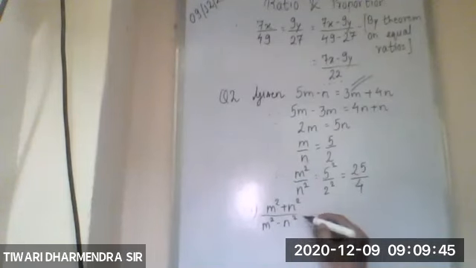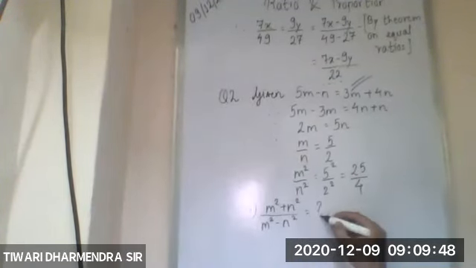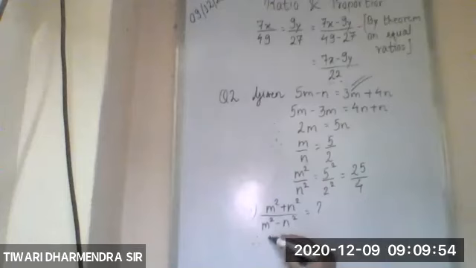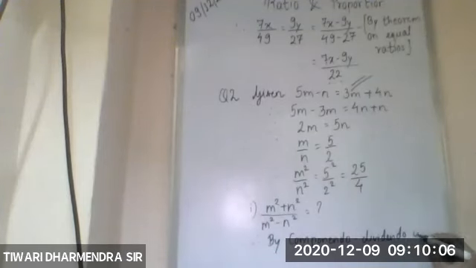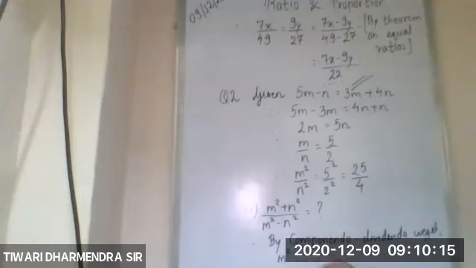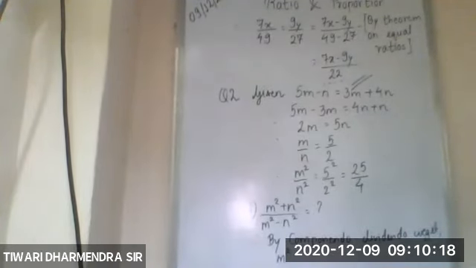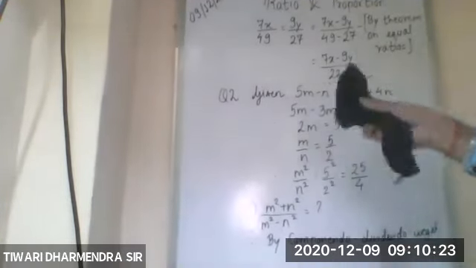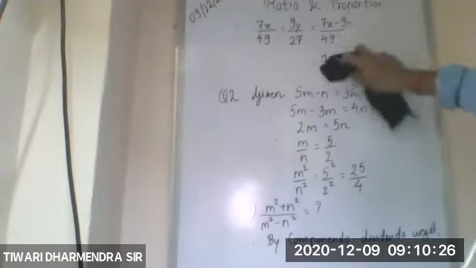So we can write here, therefore by componendo and dividendo, we get m square. Hope it is not visible. Let it be, I will be writing on the top. So by componendo and dividendo, we are applying this on m square upon n square to get the answer.